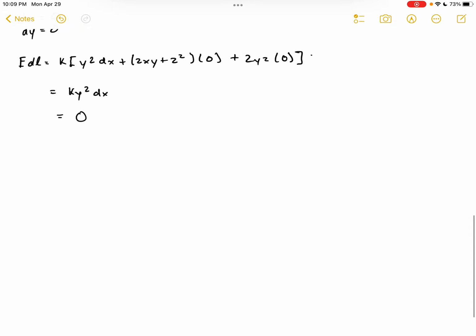So for path 2, which is in the xy plane, we know that dx and dz both are 0. So for E dl, we have, going from 0 to y naught, 2kx naught y dy.